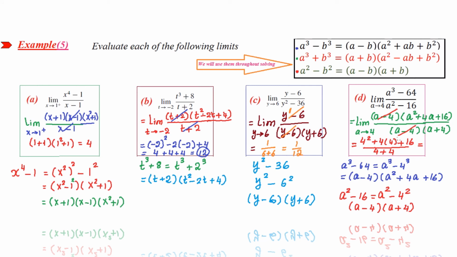So 16 plus 16 plus 16, which is 16 times 3, 48, divided by 4 plus 4, which is 8, and this is equals to 6.